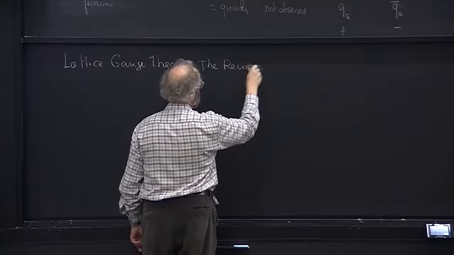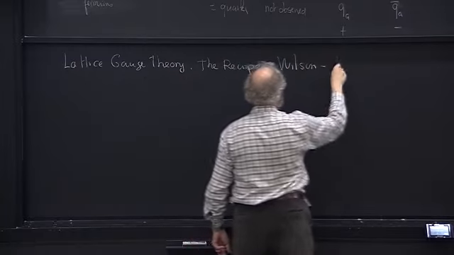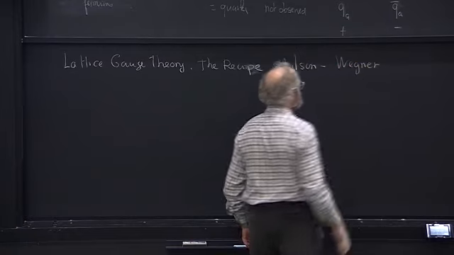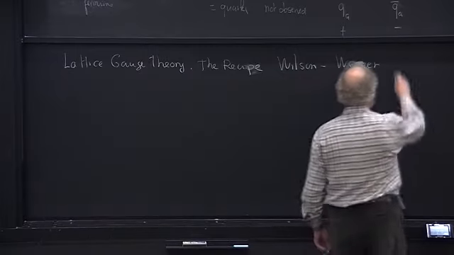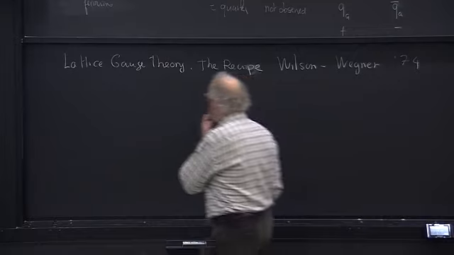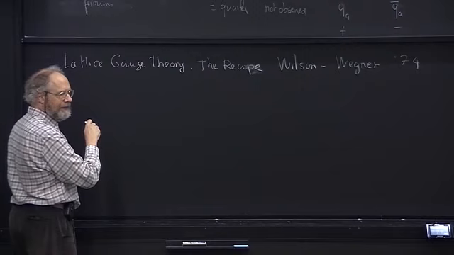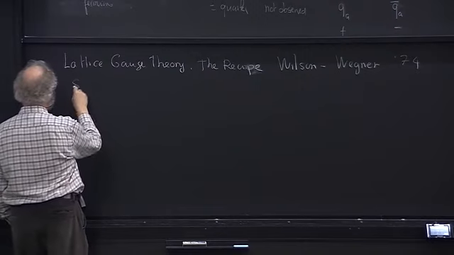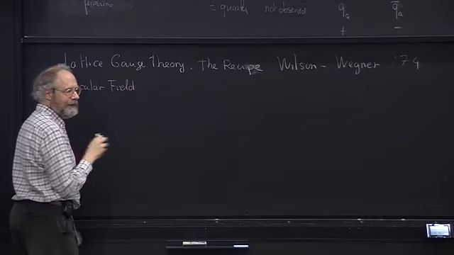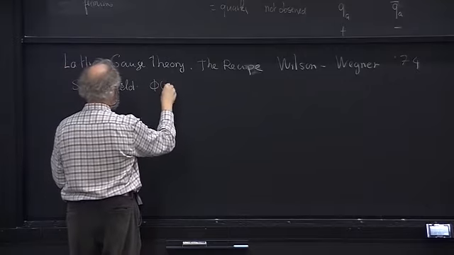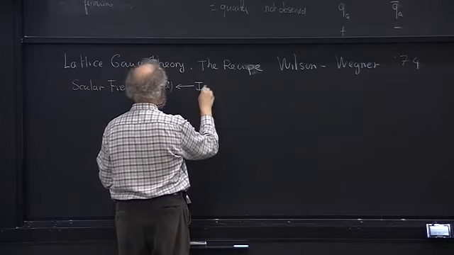It's a nice recipe due to Wilson and also to the statistical mechanics German physicist Wegner, 74. So remember, if you want to discretize a QFT involving scalar fields, so fields phi of x that are located on some point, this may come out as a continuum limit of the Ising model, for instance.